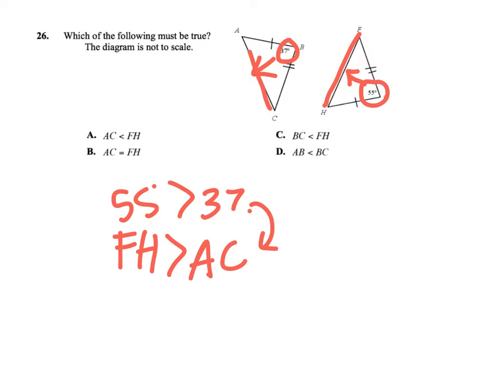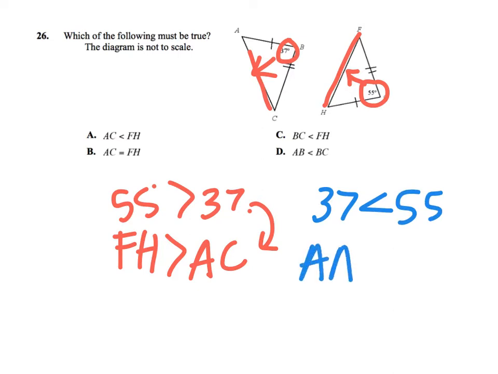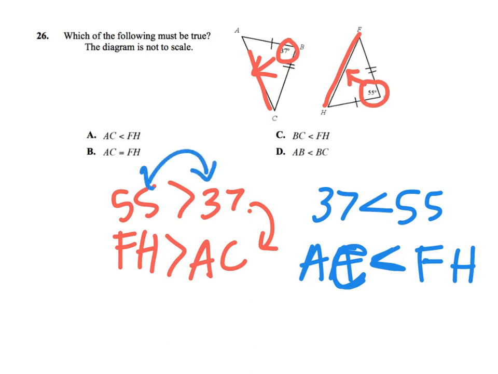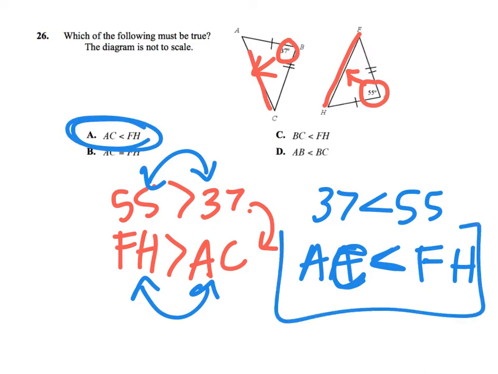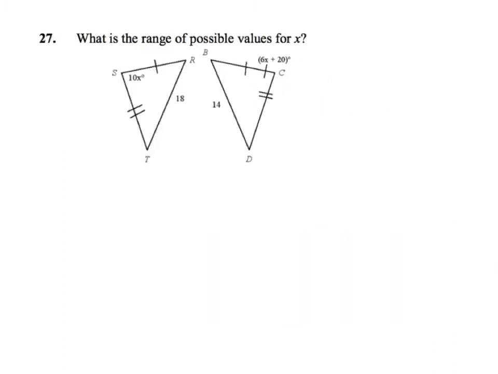You can also flip this around and say 37 is less than 55, which would mean AC is less than FH. Sorry, I wrote AA, that's supposed to be AC. Again, I just flip-flop these two because I noticed my first option wasn't an option. But there we go. This will be your final answer: AC is less than FH.